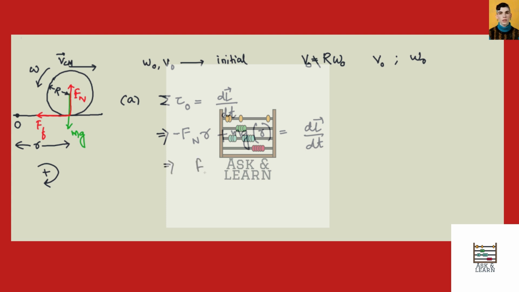This means that negative Fn, so let me just write the other way. So this gives r times (mg minus Fn) to be equal to dL over dt. Now if you write Newton's second law for equilibrium, so there is no acceleration of the ball in the vertical direction.